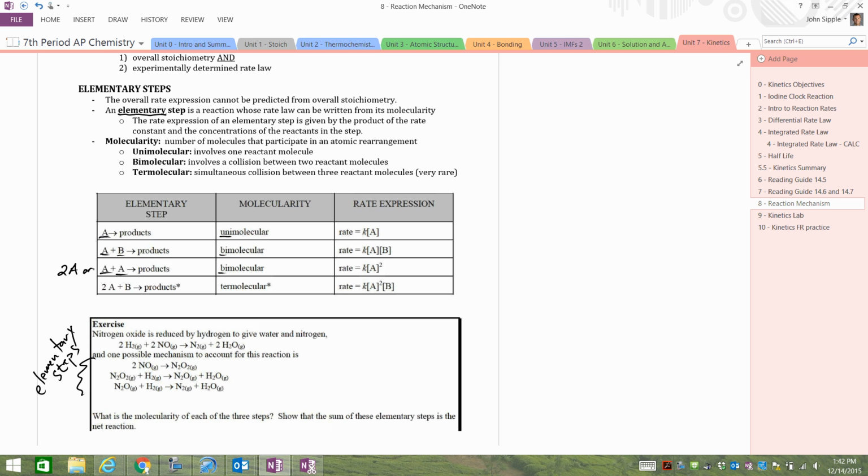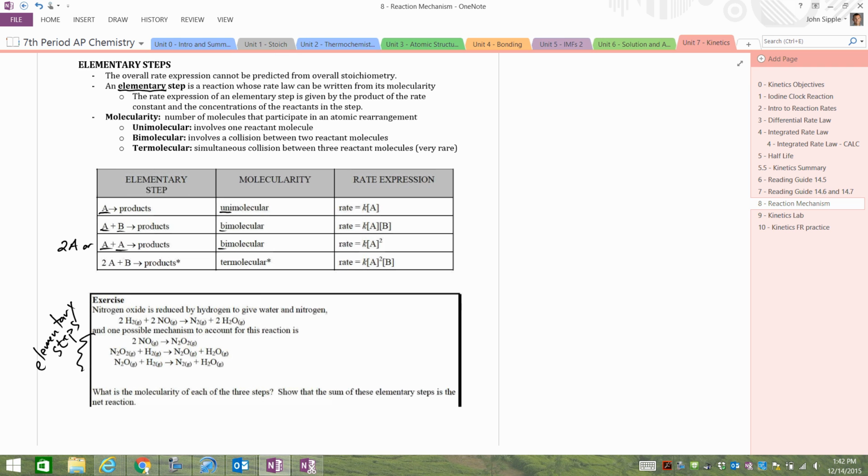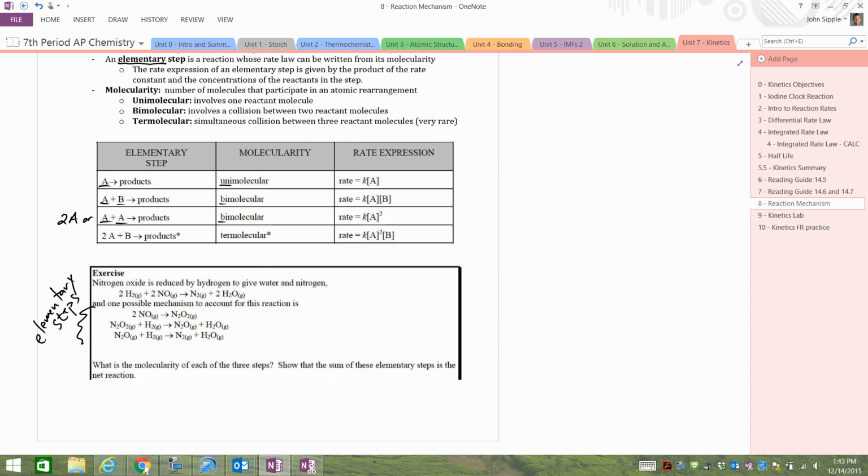Okay, so if we look down below here, they're asking us, okay, what's the molecularity of each of the 3 steps that you have? Of each of these elementary reactions. Well, if we look at each one of those, how many reactants do we have for each? There are 2.